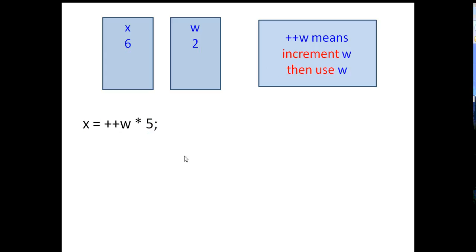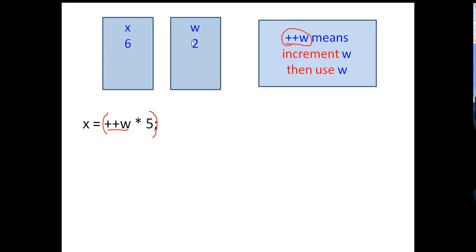Okay, next one. Here you have the increment operator happening first. So you're going to increment w before you use w. Increment it first because it shows up first before you use it. And so this x is going to be assigned this calculation, and this says to increment w.